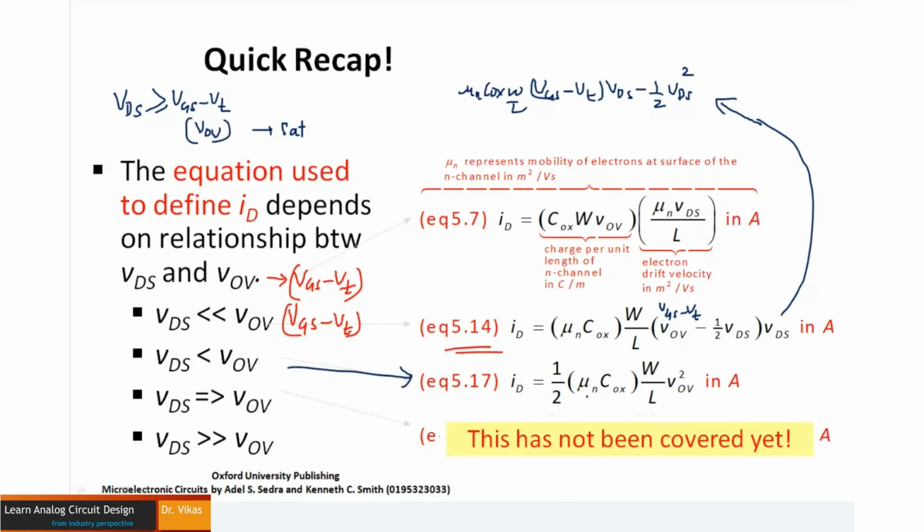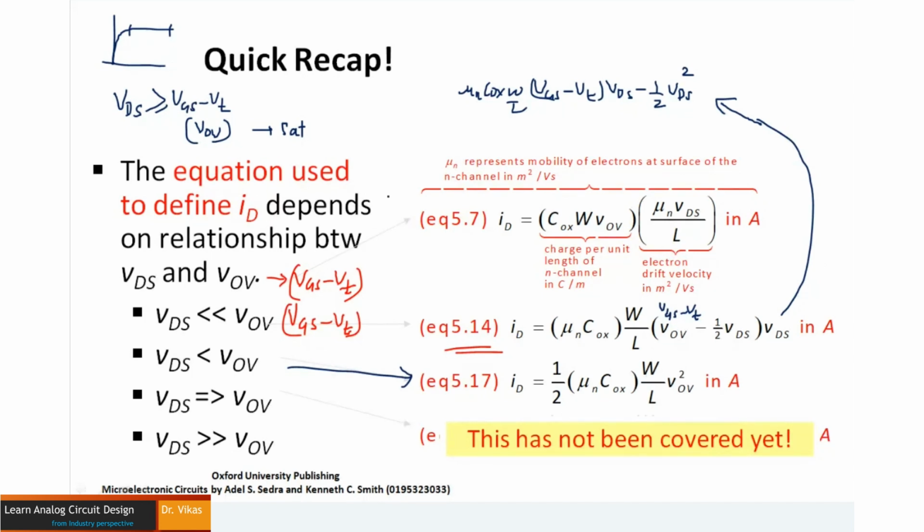That is 1 by 2 mu n Cox W by L VOV square. Upon further increase in the VDS, as per our graph, there is not much incremental rise in the current, but yet there is a small incremental current that we can observe over here.